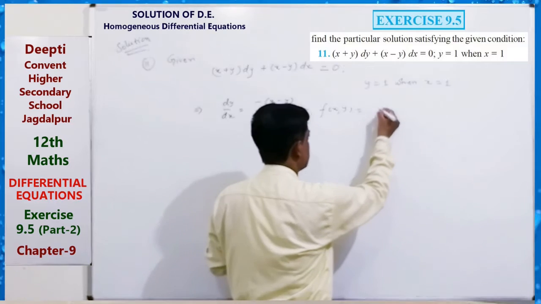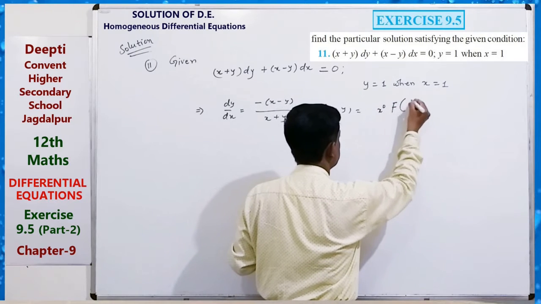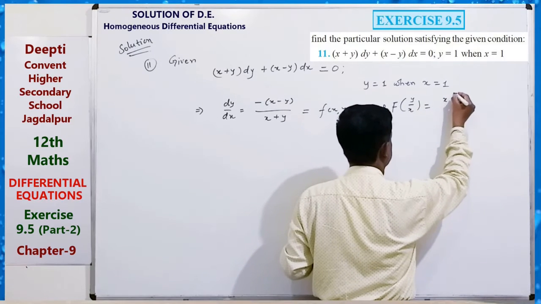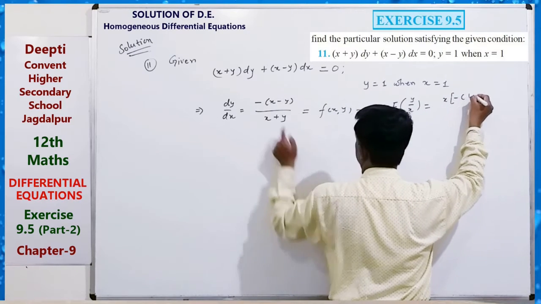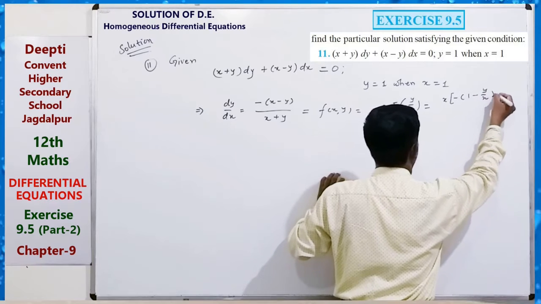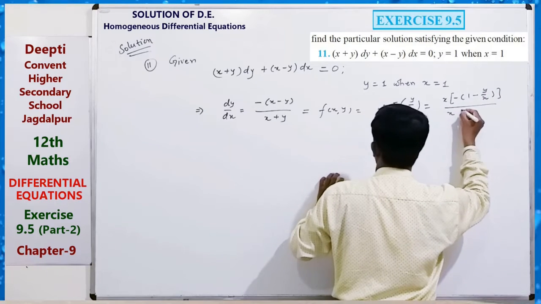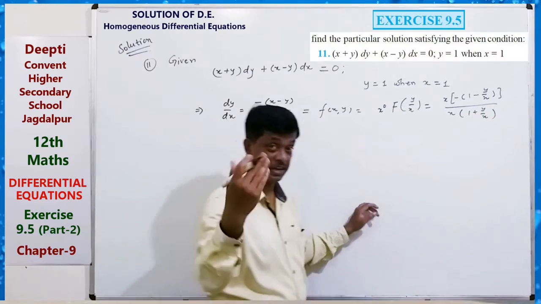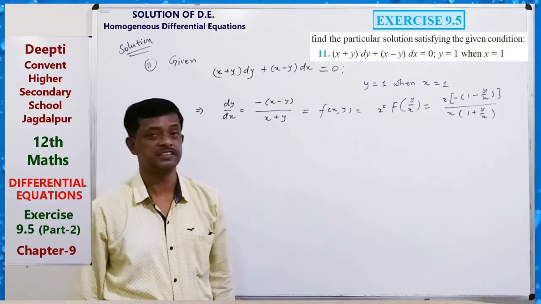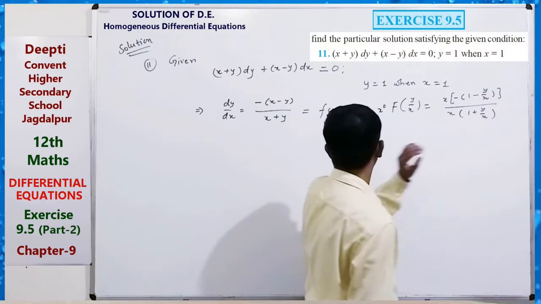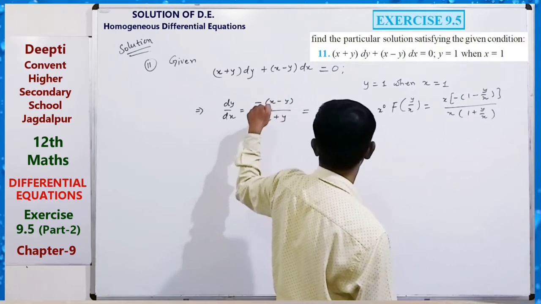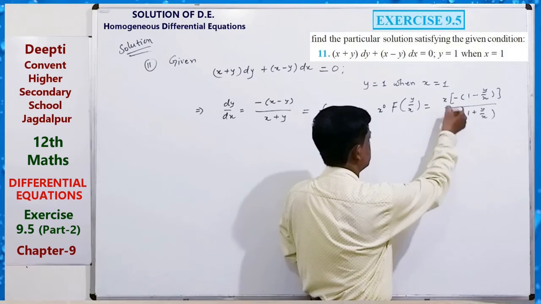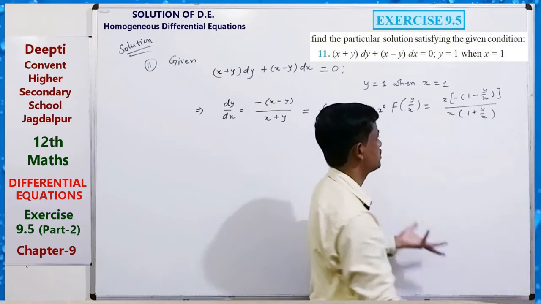So it can be written as x to the power 0 times a function of y by x. If we take x common, then we can write like this.